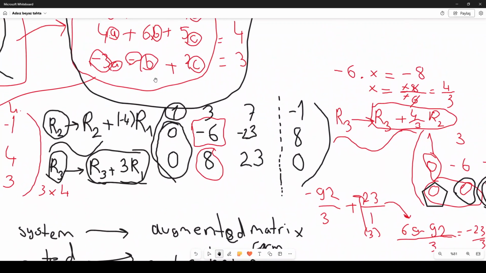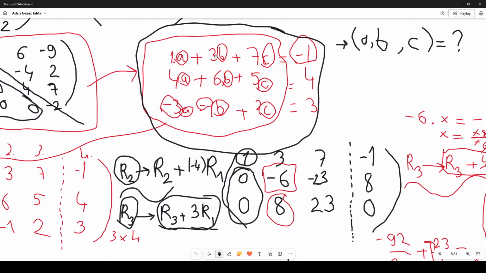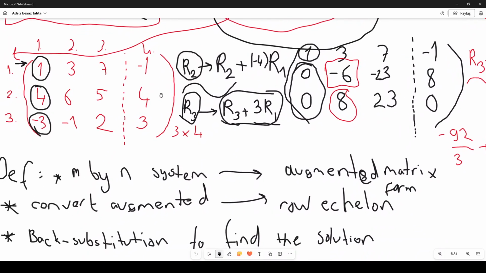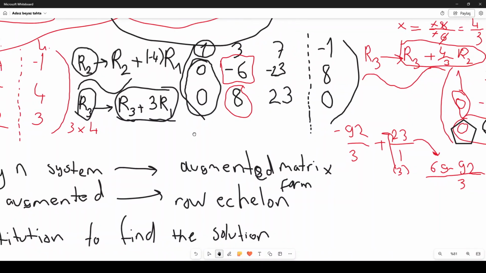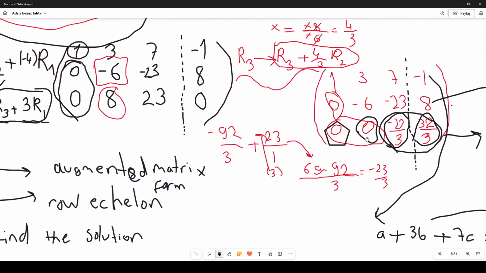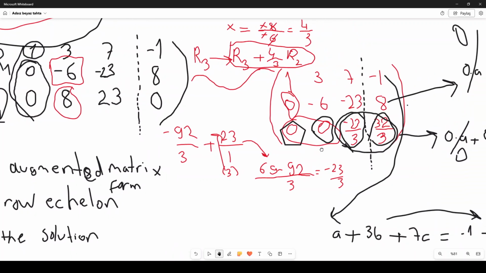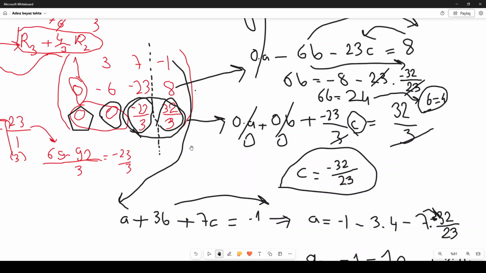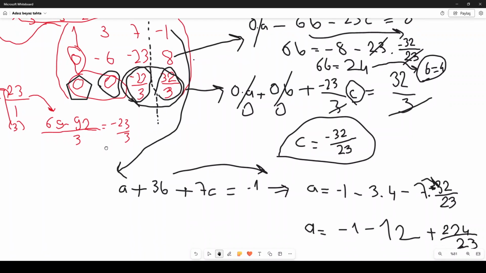So just to summarize what we've done, we are given an original system as here, and then converted it into its augmented form, and then we performed 3 elementary row operations. We did the same thing on the system of equations by using equations. And then we finally reached a point where we have an echelon matrix form of the system, and then we applied the back substitution method by starting at the last row and making our way to the top row and finding each unknown variable one by one.